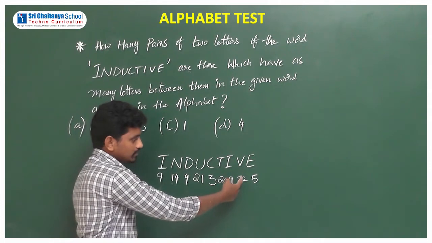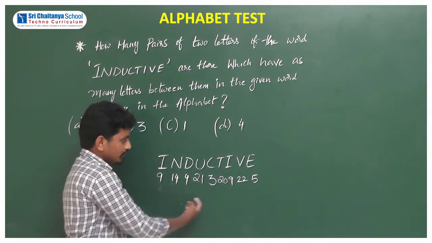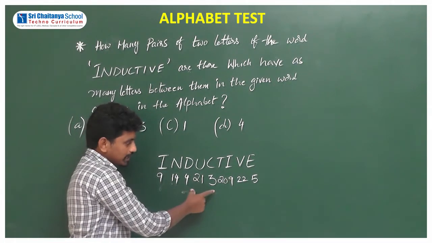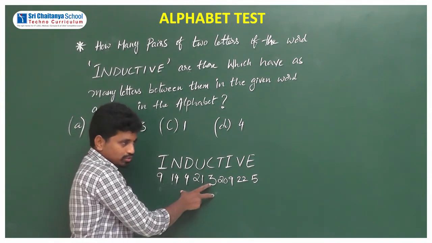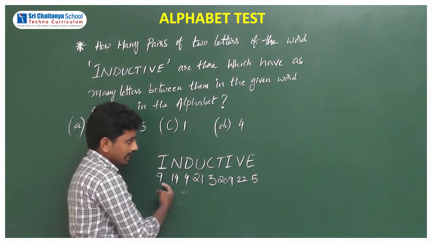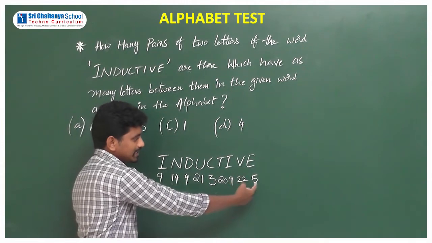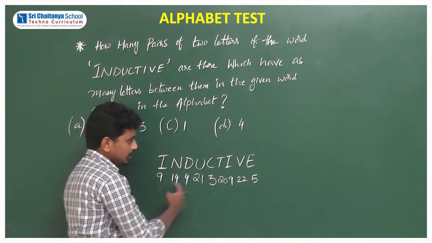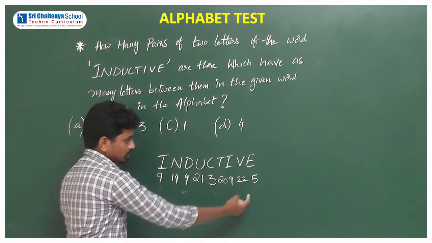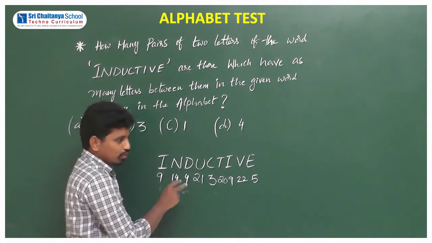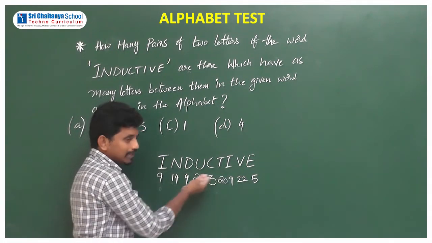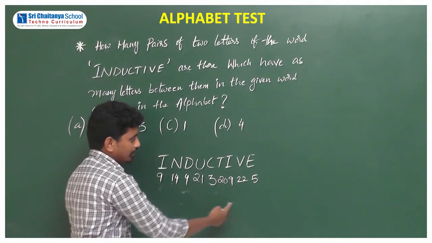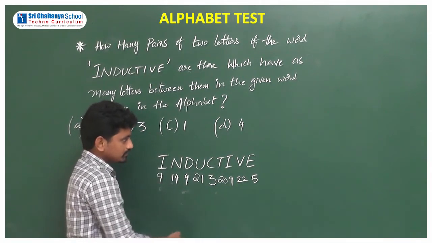And I and V, 9 and 22, there must be more letters in between those two, so I am not going to take I and V. Now I and E, 5 and 9. In between these two are 6, 7 and 8, only 3 letters must be there, but here many more letters are there. So I am not going to take this one.